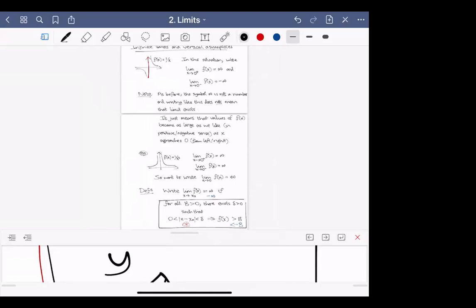In this situation, as x approaches 0, the value f(x) will get as large as we like. And the definition shows us when exactly we can write that the limit equals infinity. But we have to be careful because we can write the limit equals infinity, but infinity is not a number, so that does not mean that the limit exists.